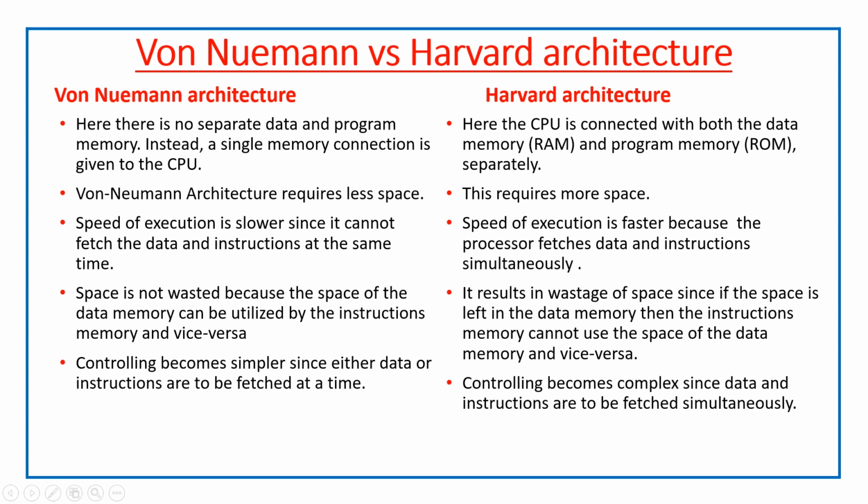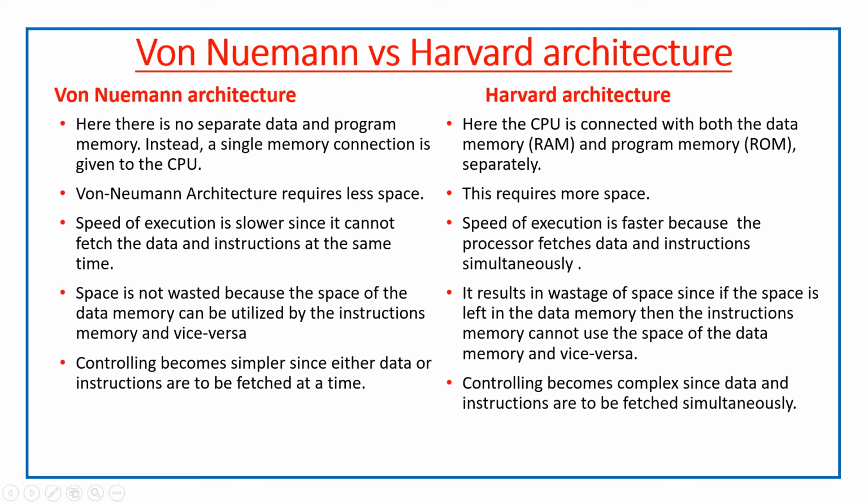Next point is space is not wasted because the space of the data memory can be utilized by the instruction memory and vice versa. In von Neumann architecture, as there is a single memory, so the space of the memory is not wasted. Here in von Neumann architecture, this space can be utilized by both data and instruction or instruction and data.